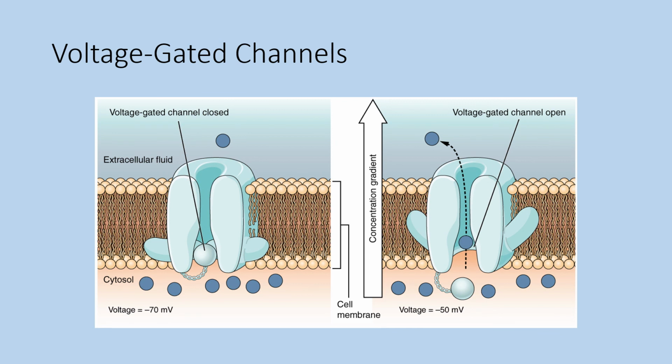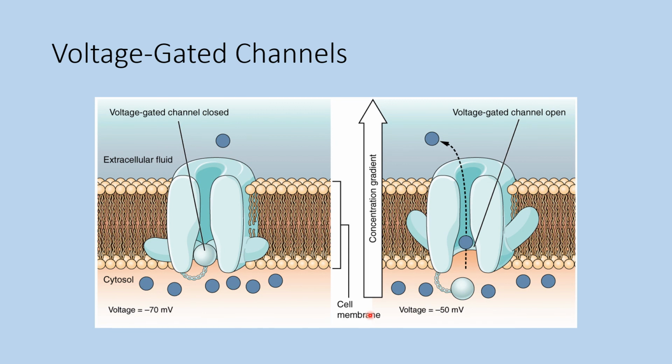Voltage-gated channels. We see a lot of these, and you've already been exposed to this a little bit with muscle contraction. Once again, you still have your transmembrane protein here. Here's your cell membrane. What happens is at rest, it's closed. You have a change in the charge. Look right here. At rest, a cell typically is, we can measure the voltage, and it's around minus 70 millivolts.